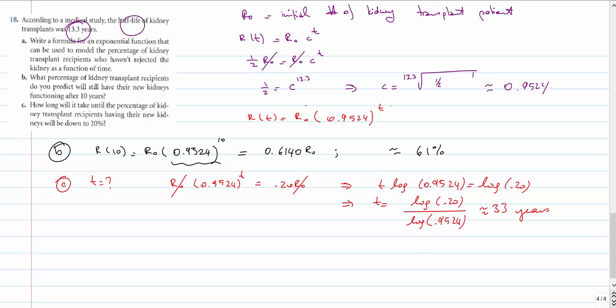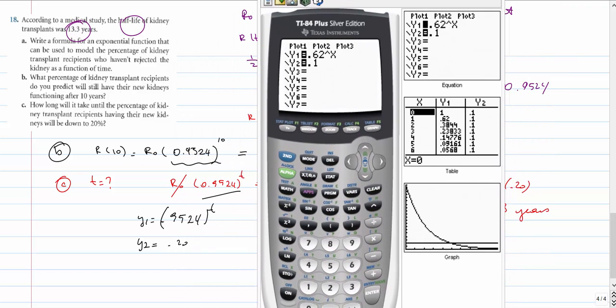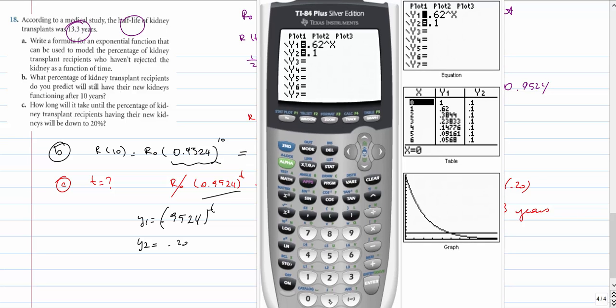Or using my calculator, this is your y1 and y2 is 0.20. So let's go to y. What I'm going to type here is 0.9524 to the power x, equal 0.2, graph.